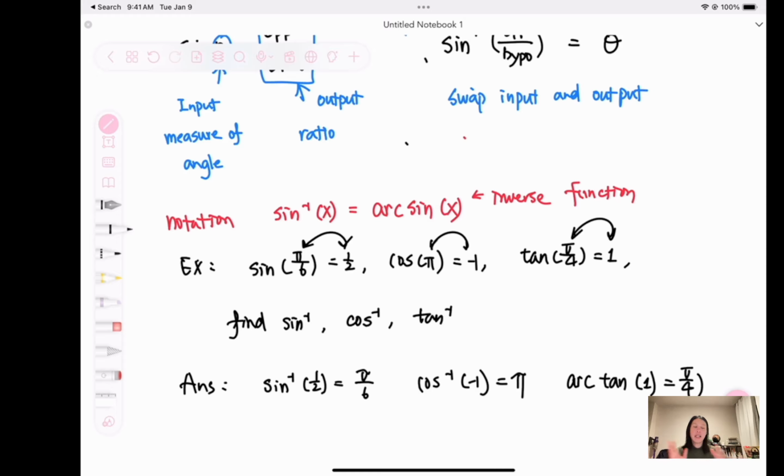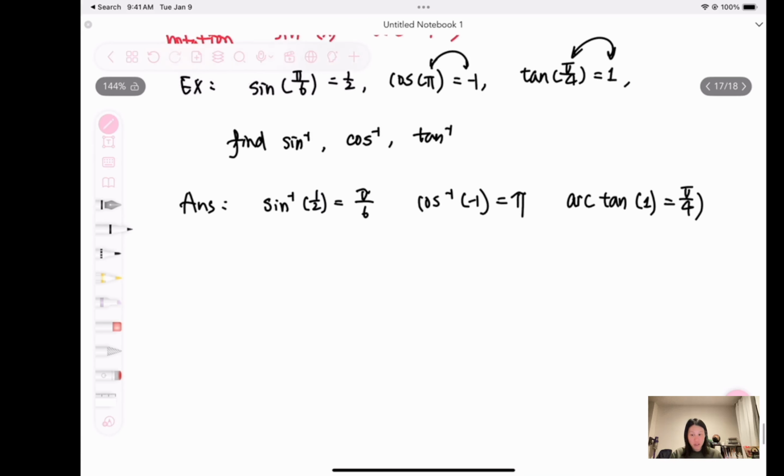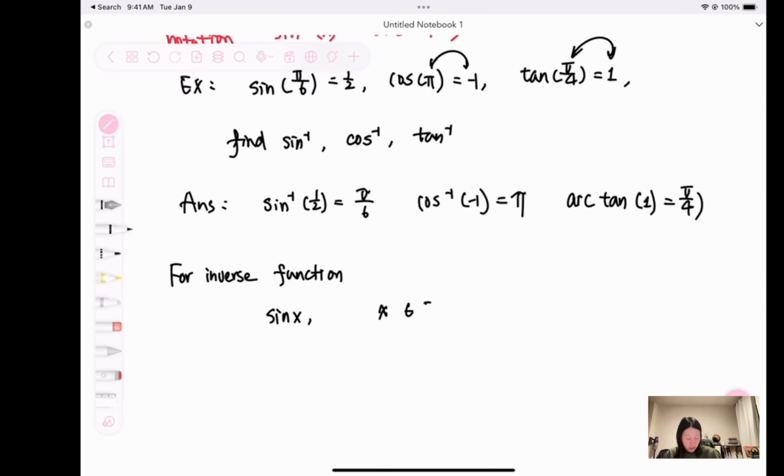Now, let's talk about the restricted domain for sine and cosine. For the inverse function of sine x, x has to be restricted between -1/2 pi to +1/2 pi.